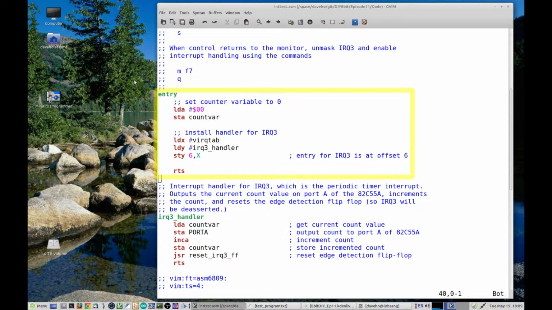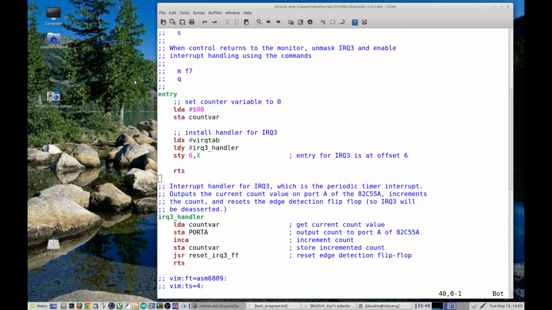When the entry point is invoked as a subroutine, it will patch a custom function, IRQ3 handler, into entry 3 of the VIRQ table. This will establish the IRQ3 handler routine as the handler for IRQ3, which is the periodic timer interrupt generated by Unit 1 of the 82C54 timer counter device.